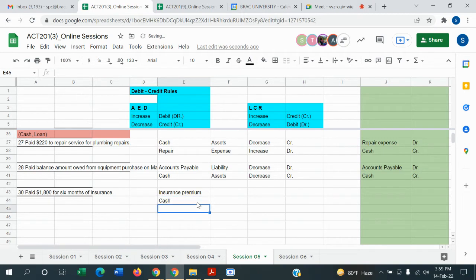So insurance premium and cash. Cash is an asset. Insurance premium, it's also an asset. Why is it an asset? Yeah, it will provide service because you paid this insurance for the next 6 months.